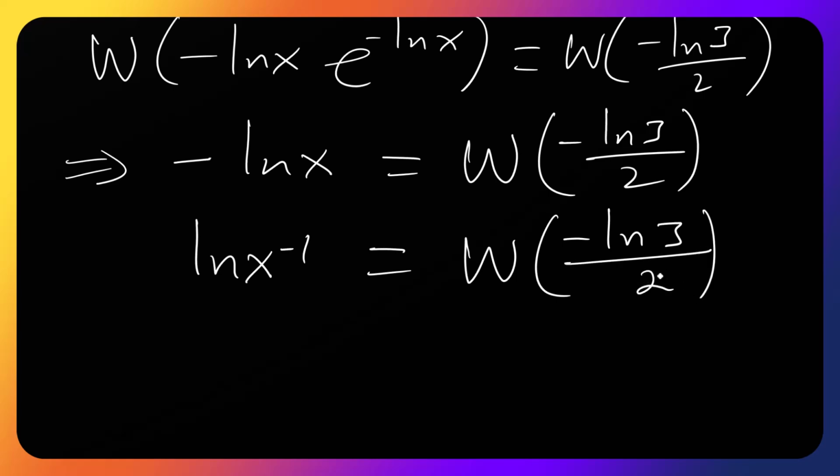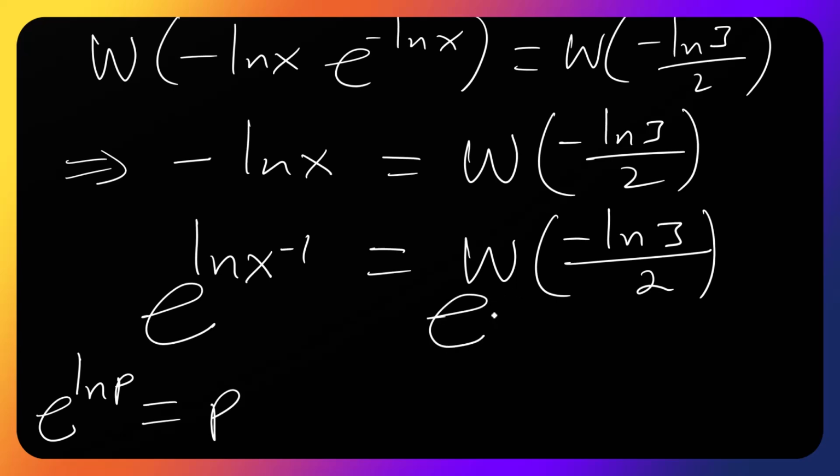Okay, now the next thing is to get rid of this ln. Remember the rule, this one still holds: e raised to ln of p is p. So to get rid of this, we have to raise both sides to e. So e raised to ln of this.